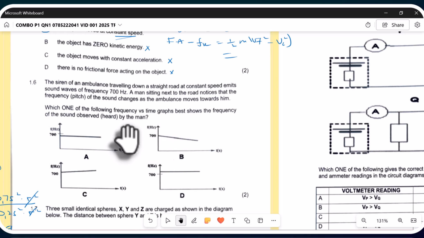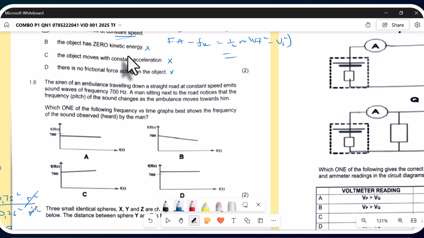A man sitting next to the road notices that the frequency of sound changes as the ambulance moves towards him. This is important to note here. As the ambulance moves towards him. Now I think you've been somewhere and the ambulance was approaching you. So from our theory, guys, note that we have got two types of graphs here. I'll do it like this now.